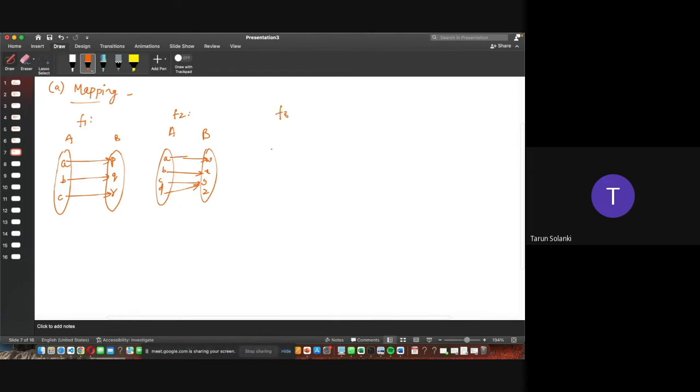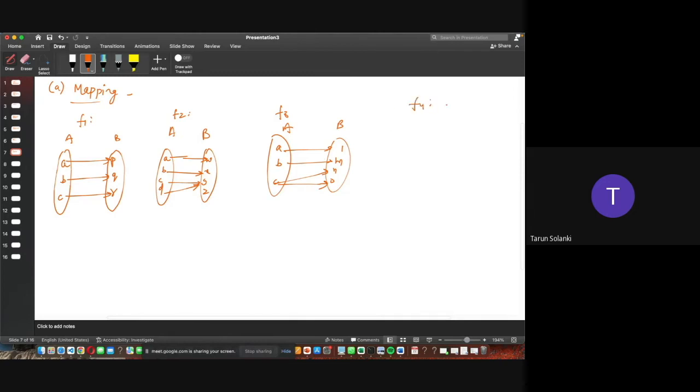Next is a, b, c. Here we can write like l, m, and o. So a with l, b with m, c may have two values, n and o.